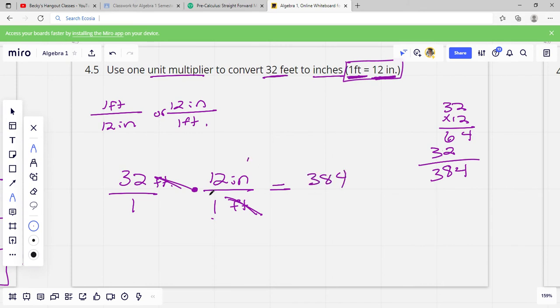And the only units I have left are inches. See how my feet have canceled each other out? So that makes that inches. On the bottom, I just have 1 times 1, so I don't need that. It's really like that, but that doesn't mean anything, so we'll just write it like that. All right, so that is 32 times 12, 384 inches. All right, let's try another one.